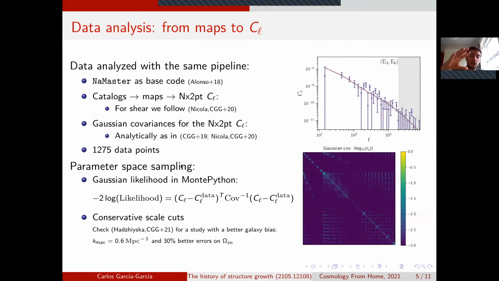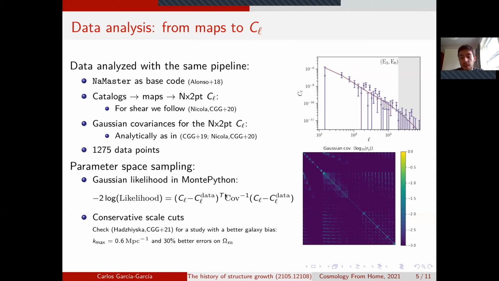Once we have all this data together ready, we build the likelihood. We implement our likelihood in MontePython, and we approximate it by a Gaussian likelihood based on the central limit theorem, where the different Cls are a vector array of all the Cls one after the other, of all the auto and cross correlations.